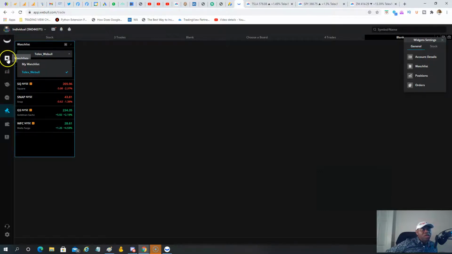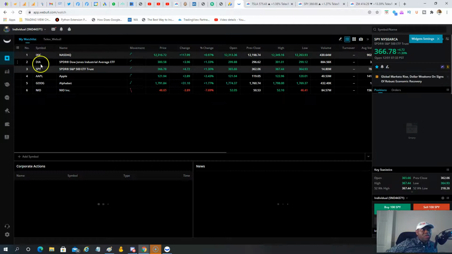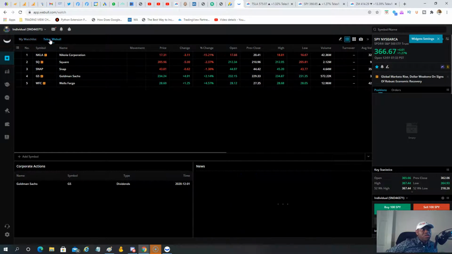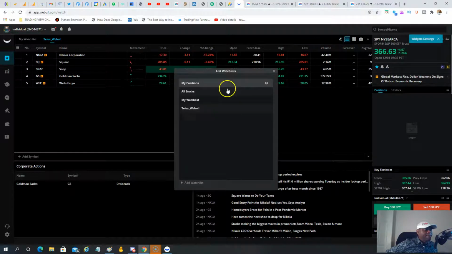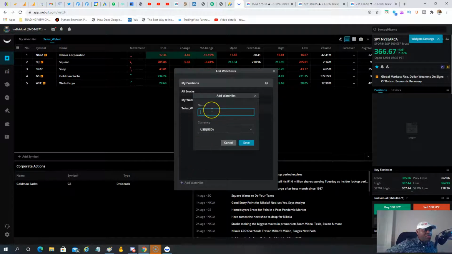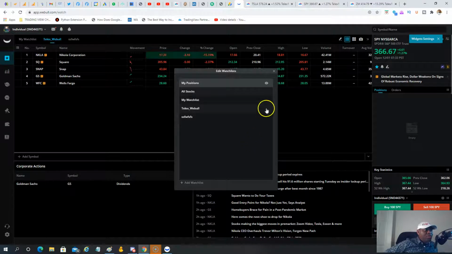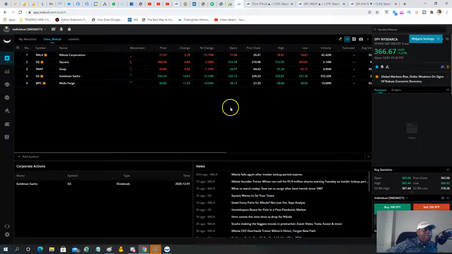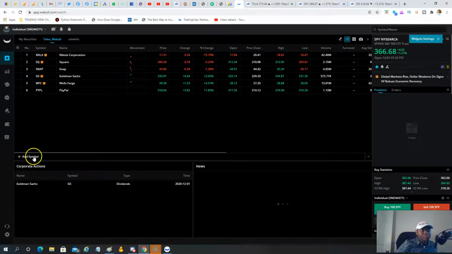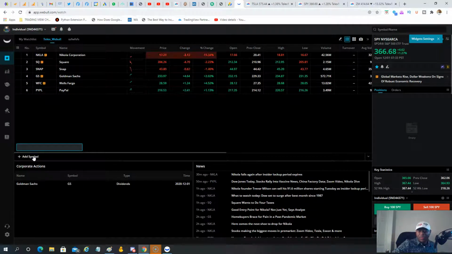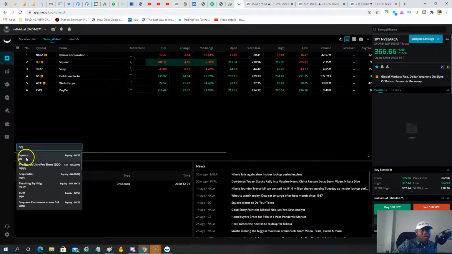So if we go to watch list, oh my goodness. So Telex watch list. This is how you edit a watch list. You can add a new watch list on here, whatever, then specify the currency, save. Add a symbol. So here, let's add paper. Let's add Square, because they go hand in hand.